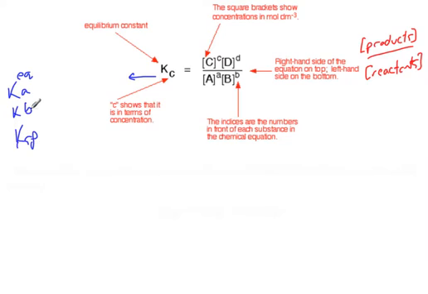We're going to come across all of those. One other one you're going to see, and we'll see this in a minute, is Kp, an equilibrium constant based on pressure. You'll come across those other types of equilibrium constants as we proceed in this unit. Square brackets refer to concentration, and that's the case for all of these with the exception of Kp, and we'll see why in a minute.